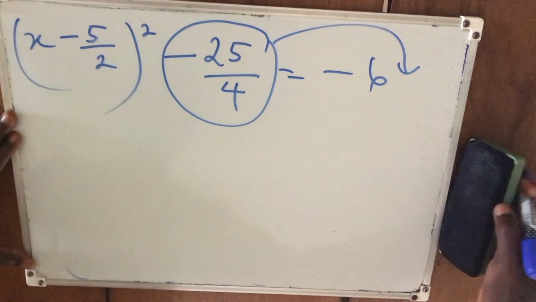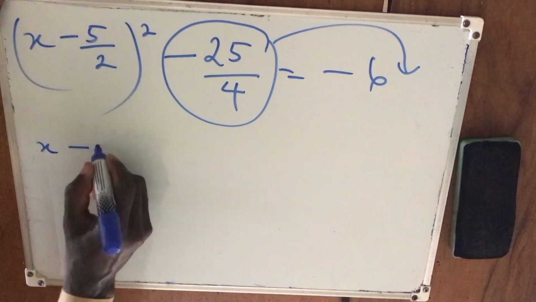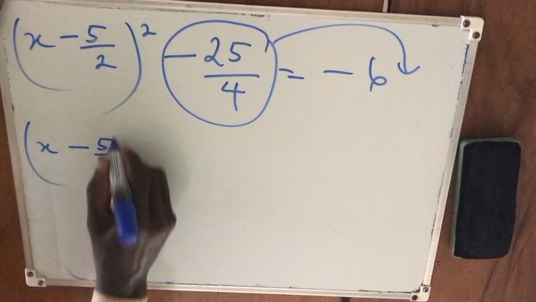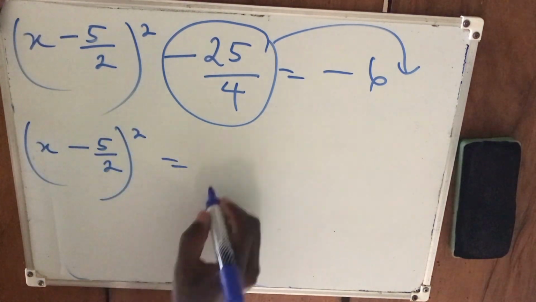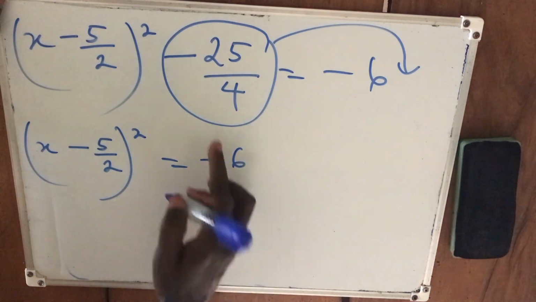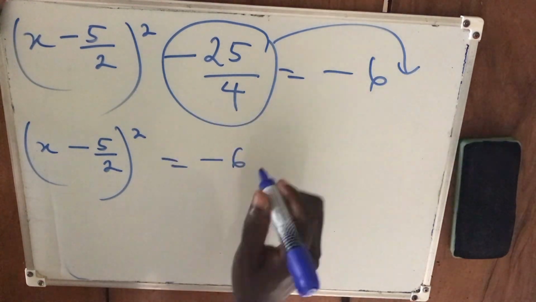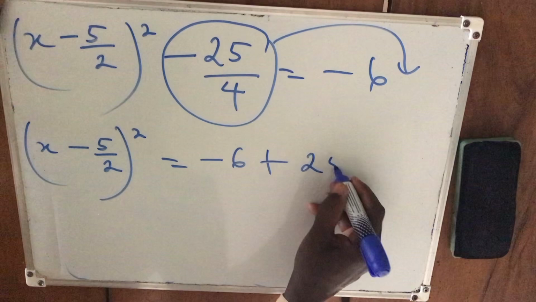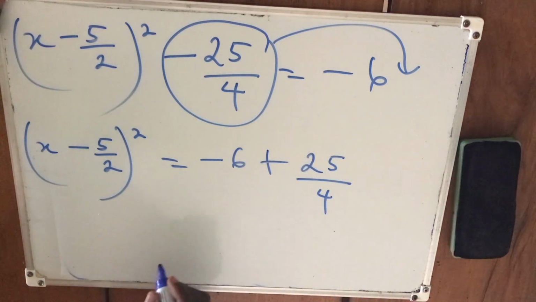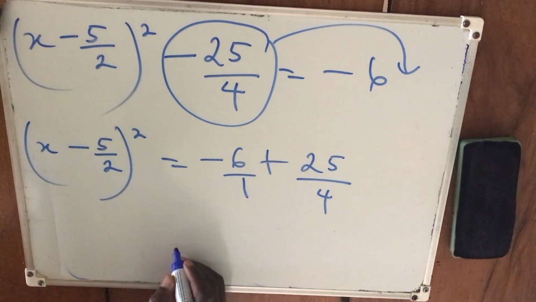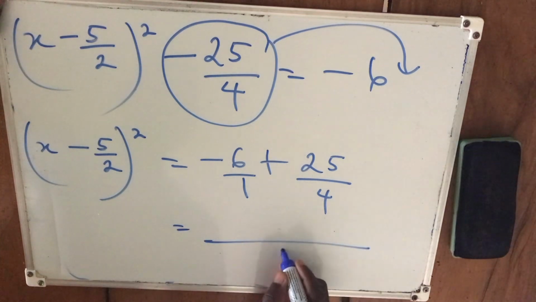That means on the left hand side I'm going to have x minus 5 over 2 all squared, and on the right hand side I'll now have minus 6. When minus 25 over 4 goes to the right hand side, it becomes plus 25 over 4. Now this simply means minus 6 over 1. Find the LCM, which is 4.